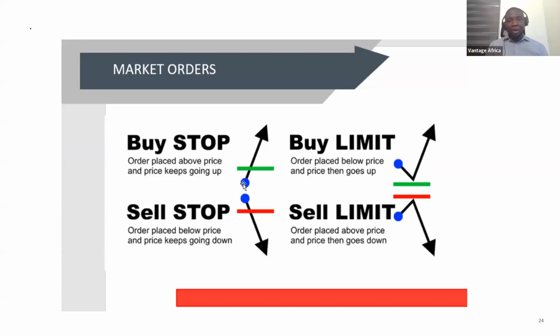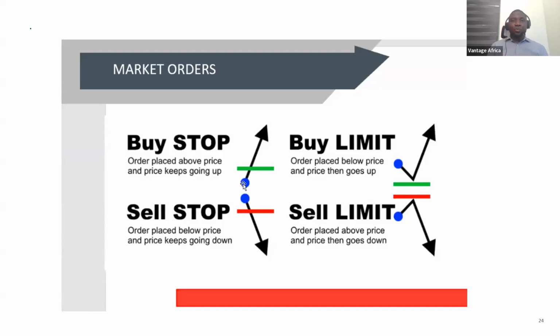But then remember, whenever you go to your chart and you click on new order or trade, let's say you pick your phone and you go to Euro USD, for example, or gold XAUUSD, and you click on the instrument under quotes, and then you see new order or trade. If you're on Android, it will show you new order. If you're on iOS, it will show you trade. Click on that.